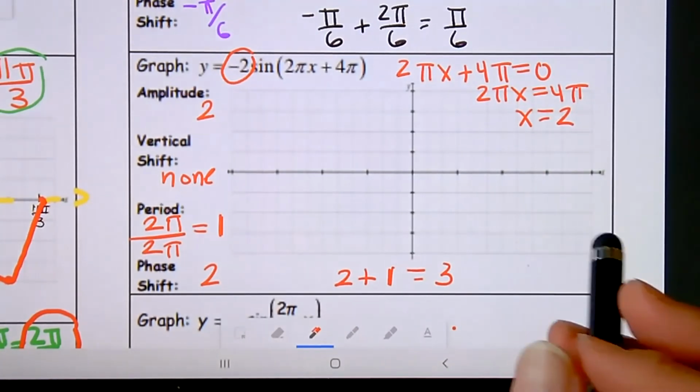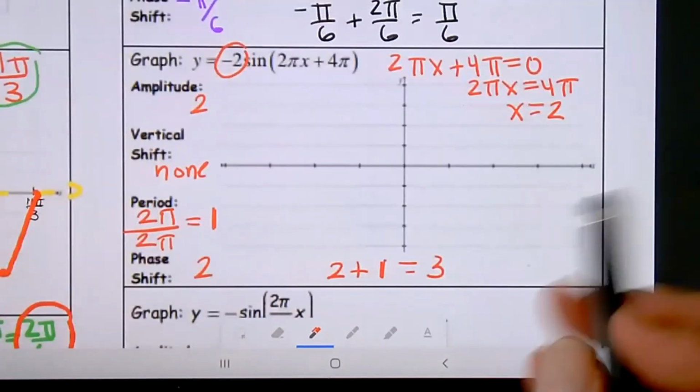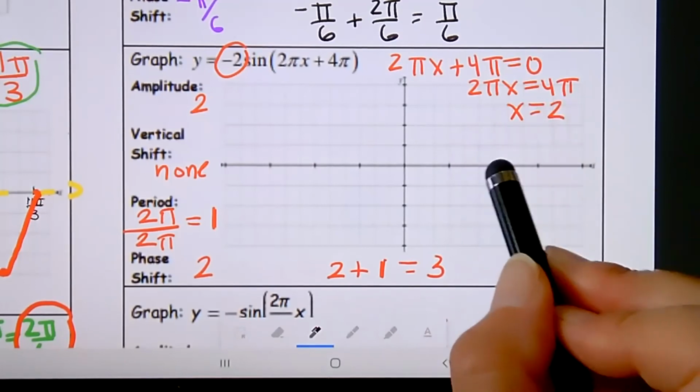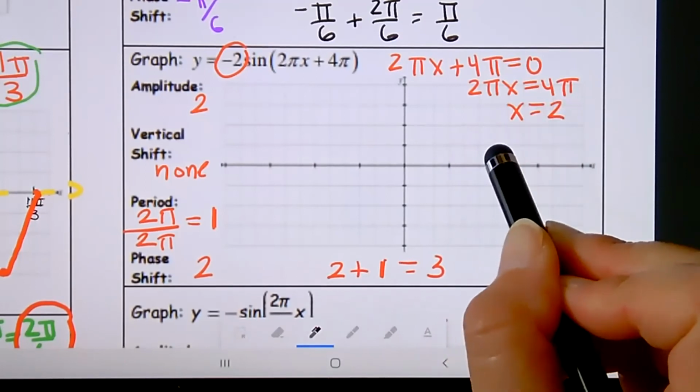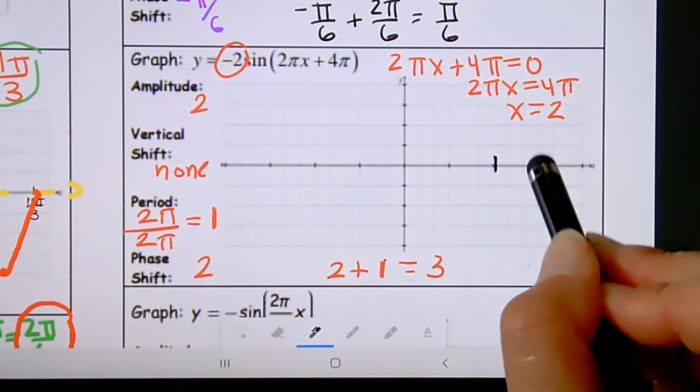So let me get my graph situated here. Let me get black. I'm going to be starting at 2 and ending at 3.